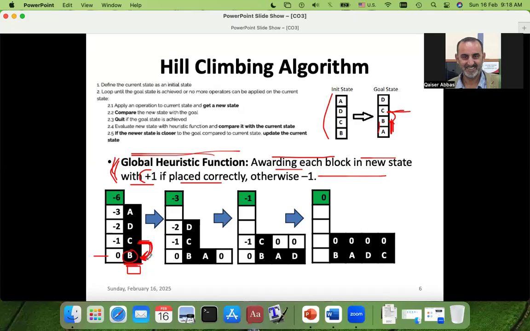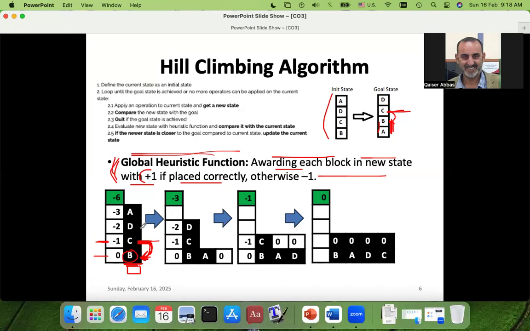As the position of C is not proper, we are going to give a penalty, not a reward. But how much penalty? C is placed with a difference of 1 block. Can I say C is wrongly placed with a difference of 1 block? So I am writing -1 here.